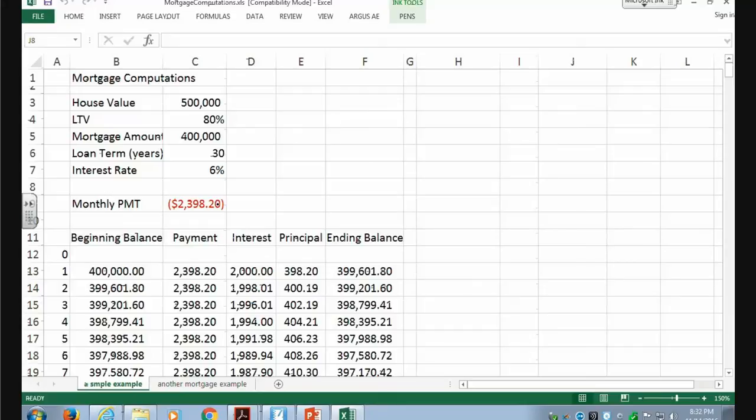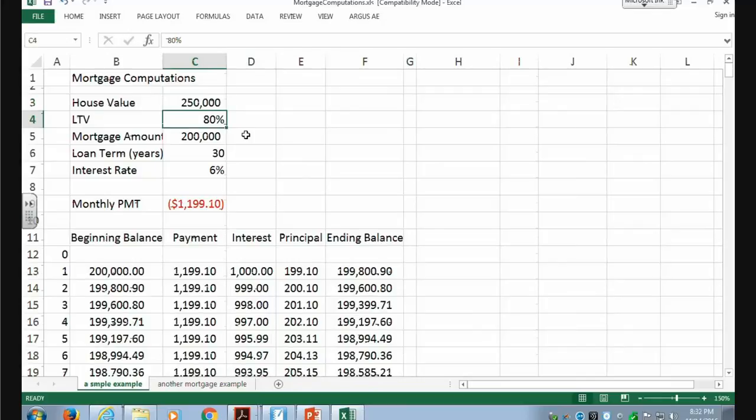House value $250,000. So loan to value 80%. The long-term loan is 30 years, and the interest rate is 6%. Now it's this number, right?